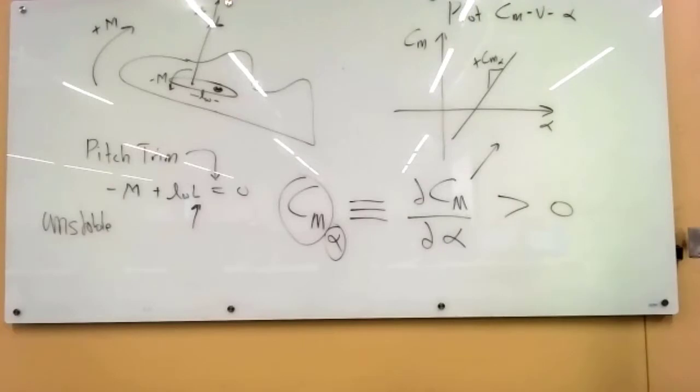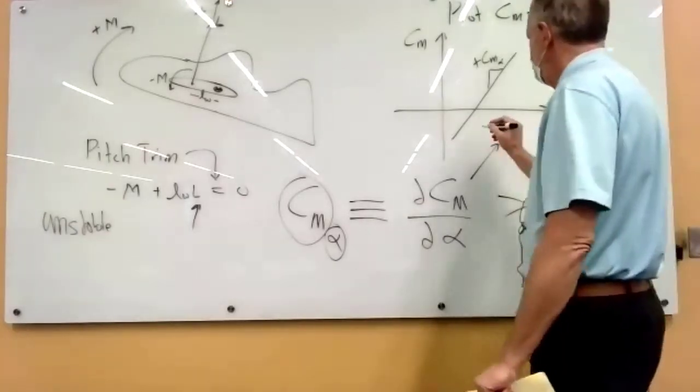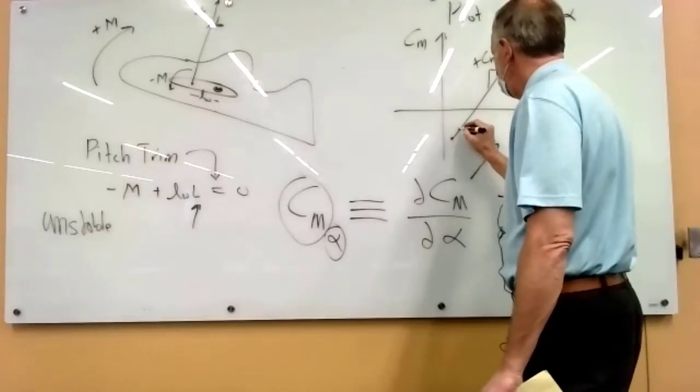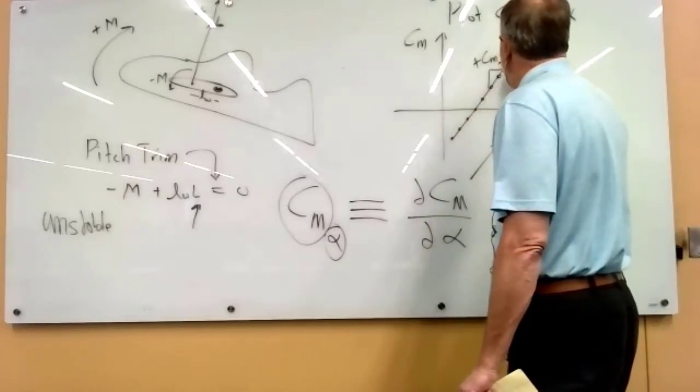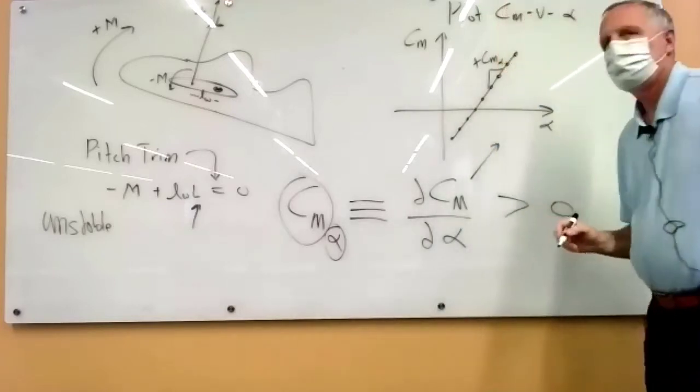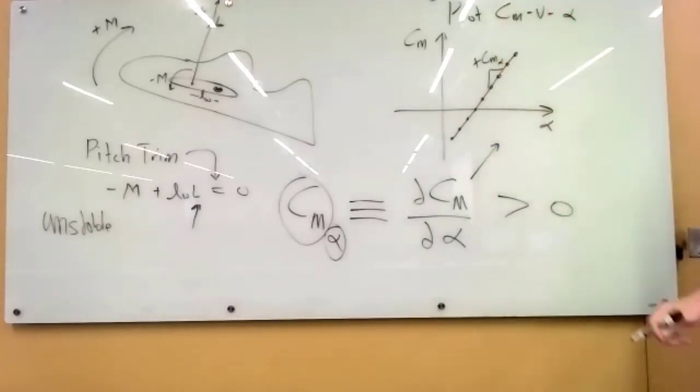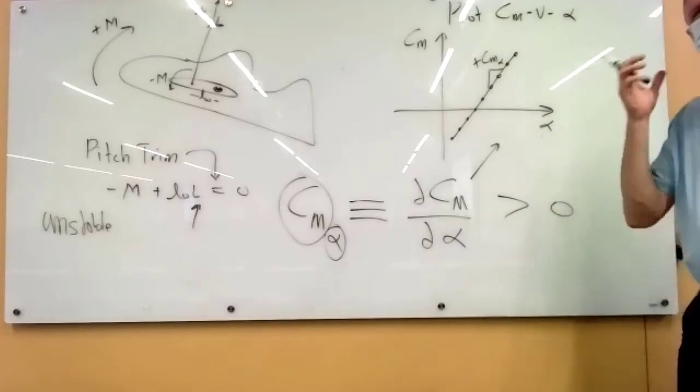So if you took this airplane in a wind tunnel and collected points of the pitching moment of the airplane at different angles of attack, plot it, you'd see that positive slope. And you'd say, okay, my airplane's unstable.